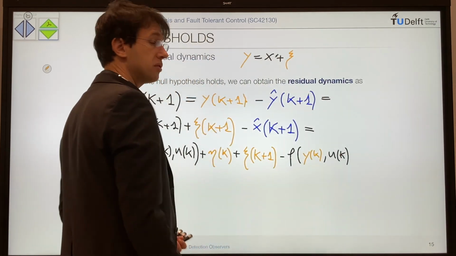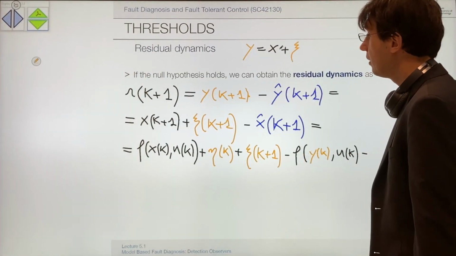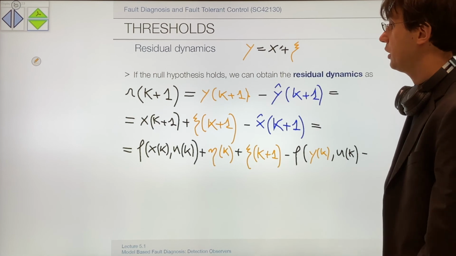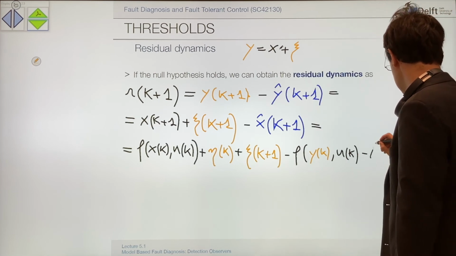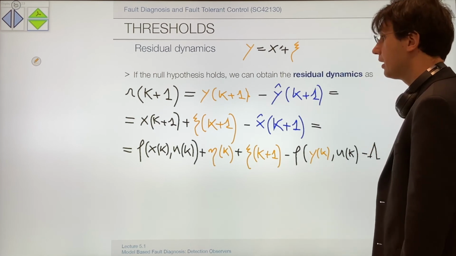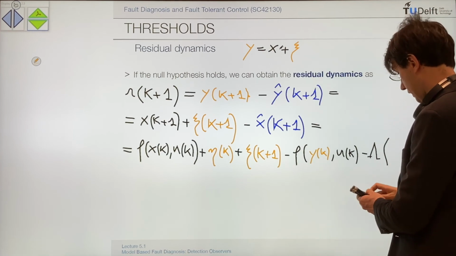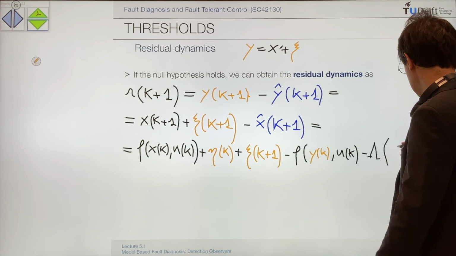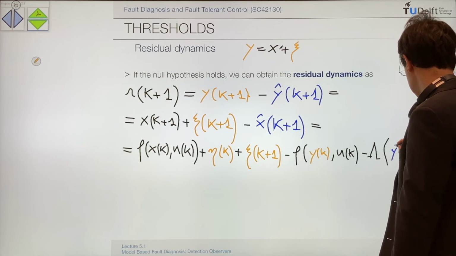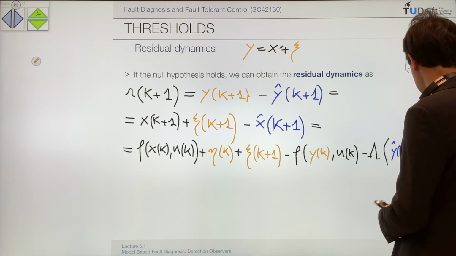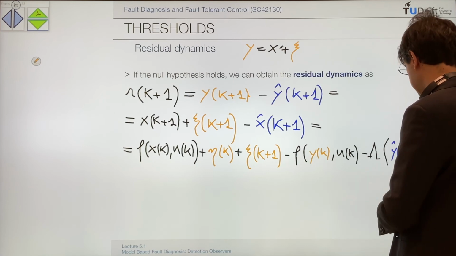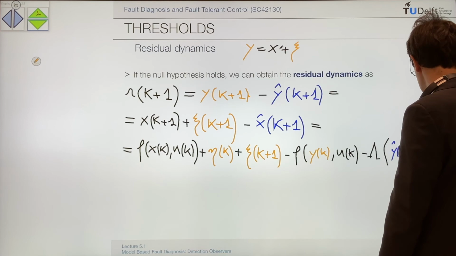And then we also have, minus again, the output error injection term. So that was lambda that multiplies the estimate of the state y hat at time k minus the measurement, which is uncertain, at time k.